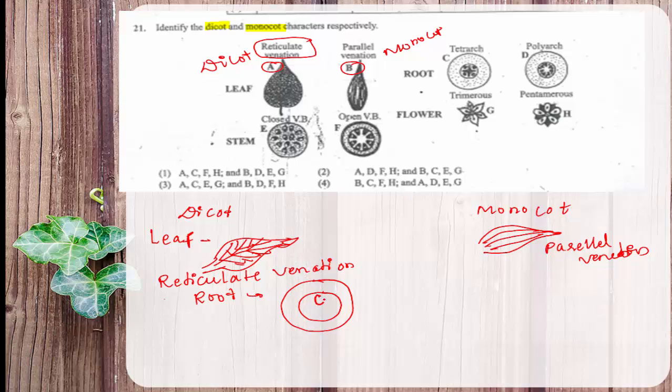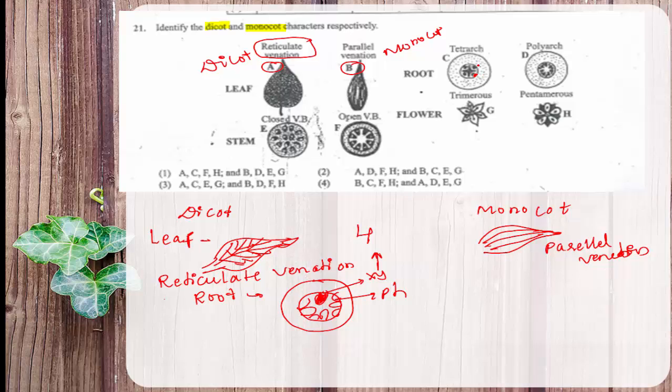Here the 4 patches of xylem, exactly 4, not more than 4. 4 patches of xylem and 4 patches of phloem. So exactly this is the xylem and this one is phloem. How many xylem and phloem patches are present? Exactly 4 patches.